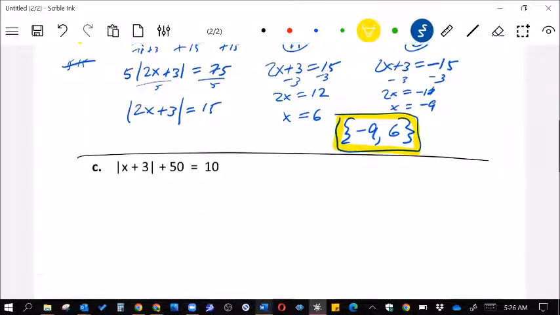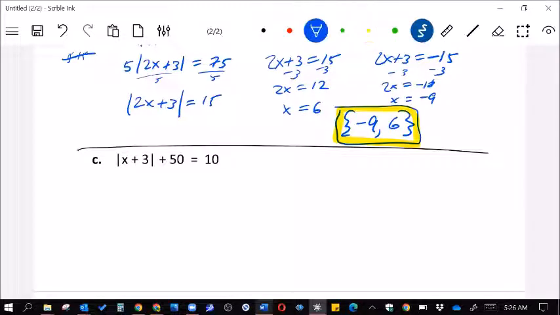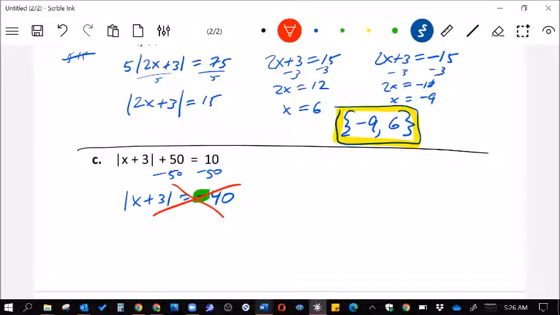Now take a look at the last one on here. And we're going to subtract 50. And we get absolute value of x plus 3 is equal to -40. And stop right there. Can't do it because of that negative. In fact, I want the red to be more like that, so the negative's visible.